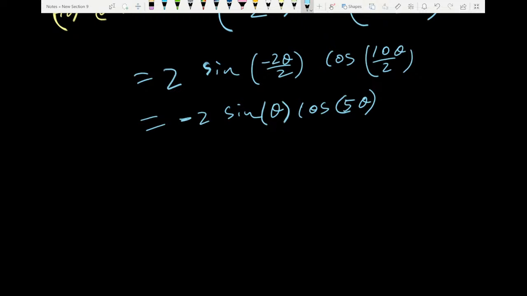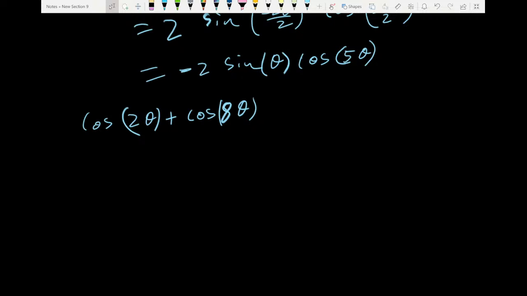Let's try another one. Cosine of 2 theta plus cosine of 8 theta, and I want to convert it into a product.